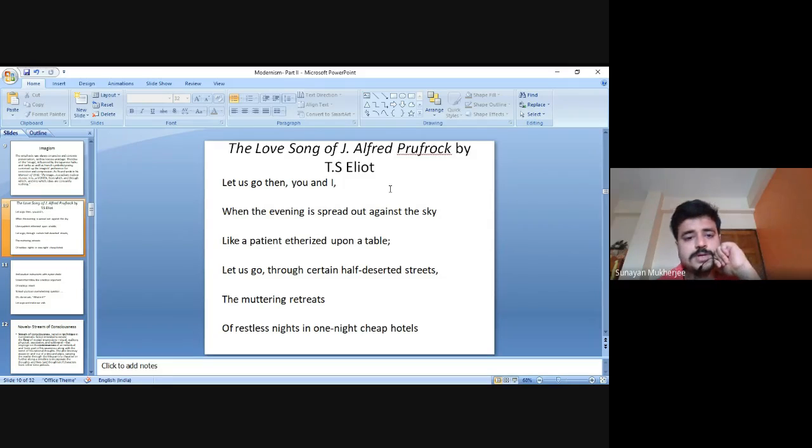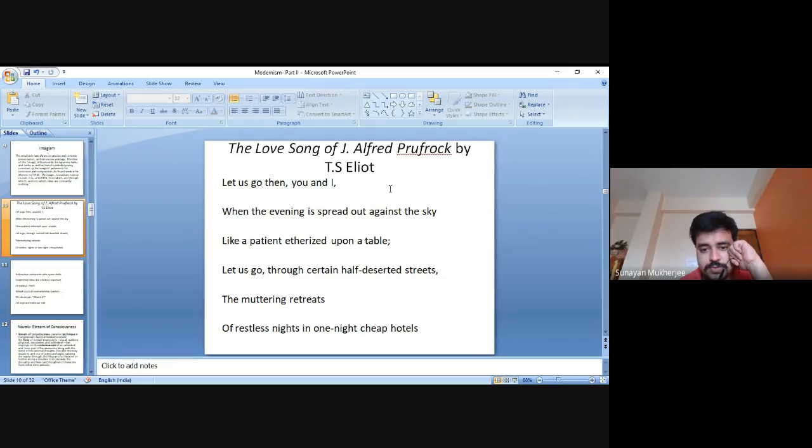Or an evening that would take you back to your childhood days, when you had the first cricket match victory, the sky would be like this. So this is a sort of imagery which Eliot invokes, like a patient etherized upon a table.